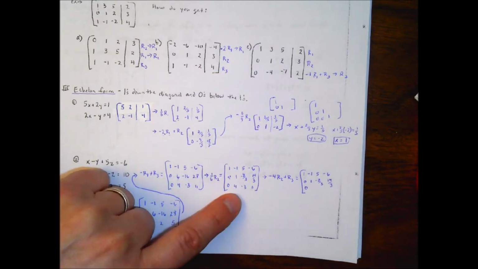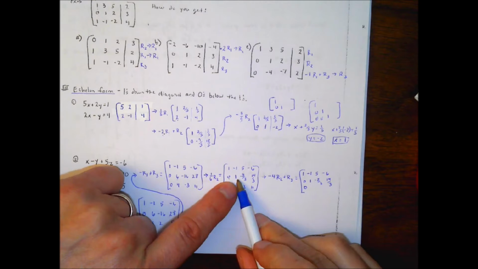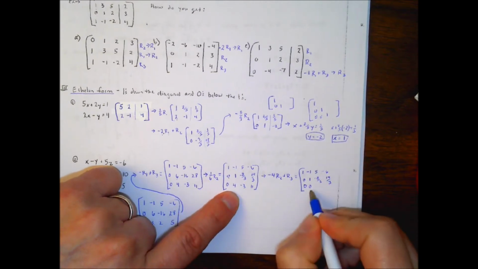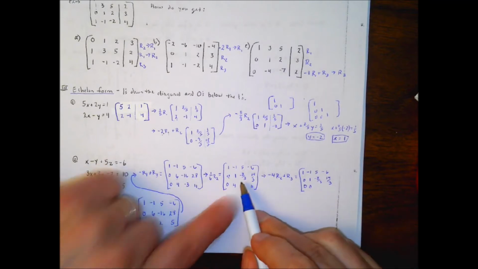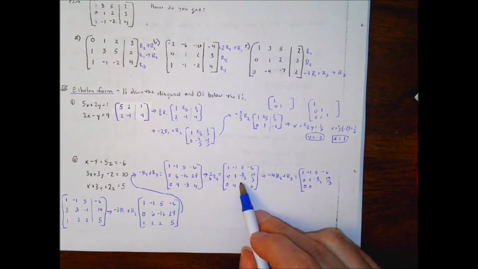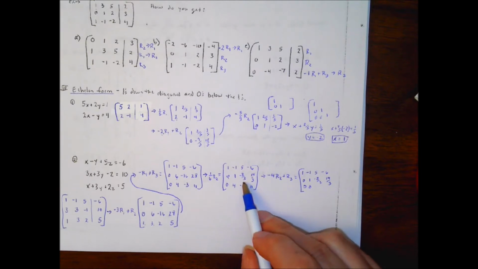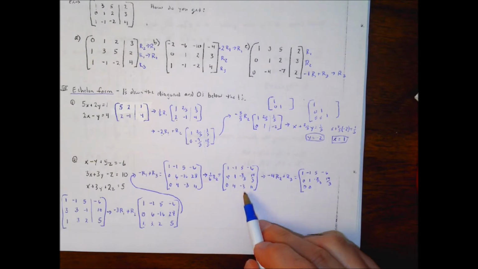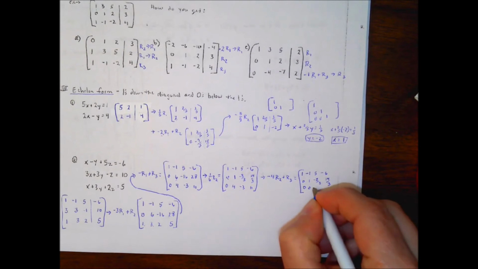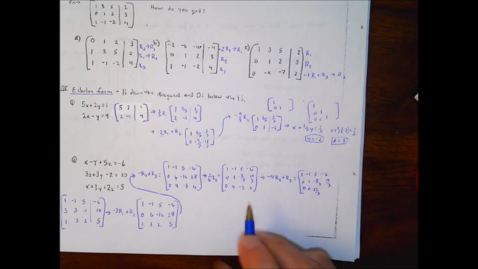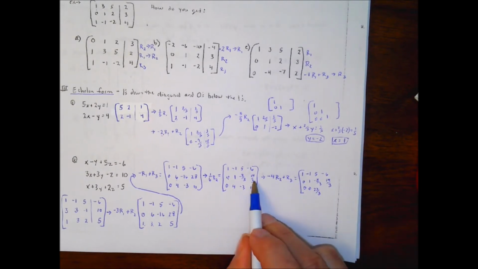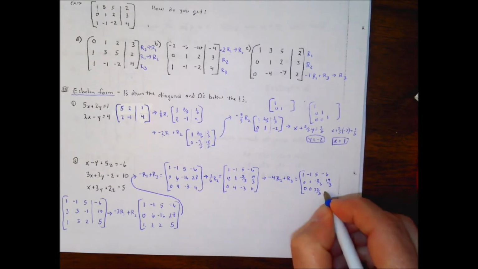Okay, second one, -4 times this is -4 plus 4 is 0. So that's the 0 there that I want. -4 times this, -32 thirds minus 3 would be 23 thirds. Okay, -4 times this minus 11 be -23 thirds.